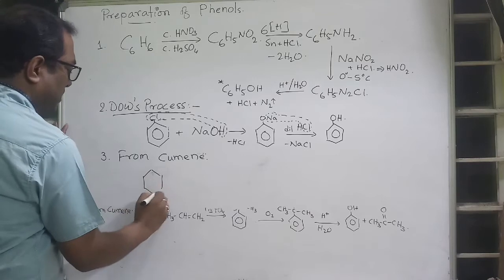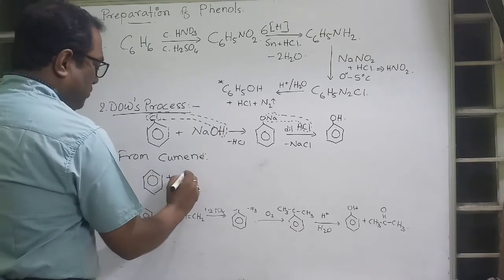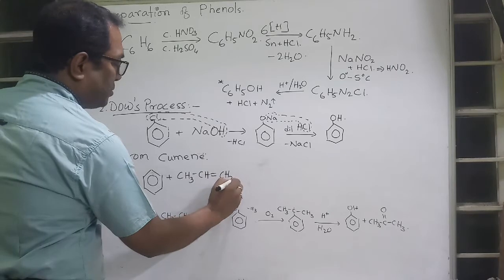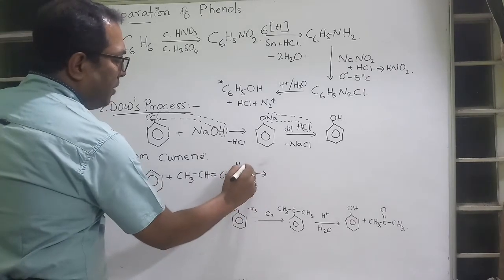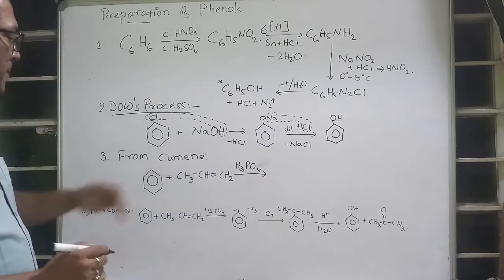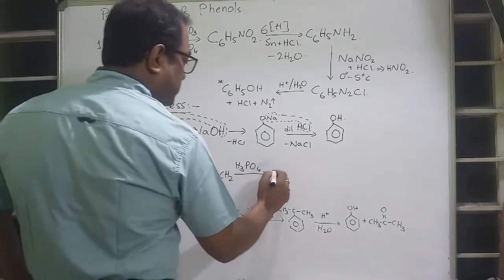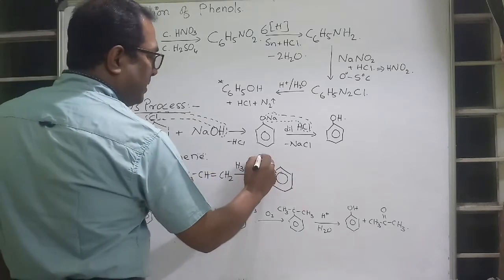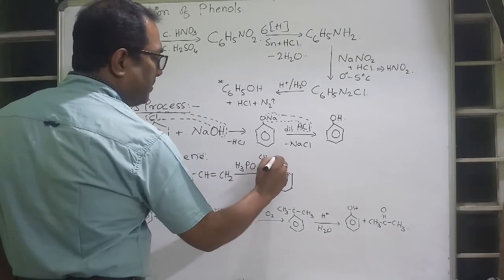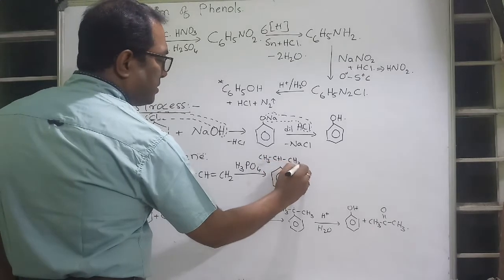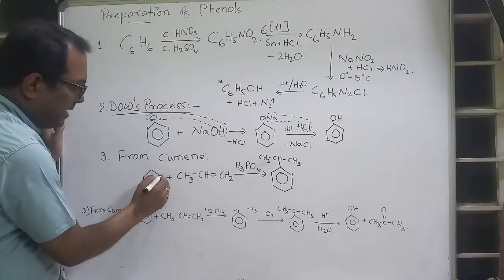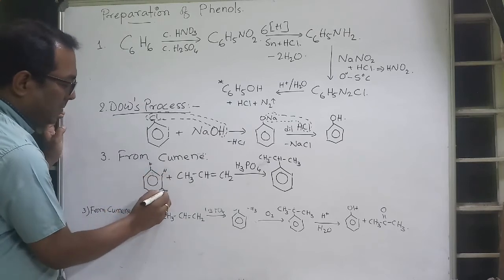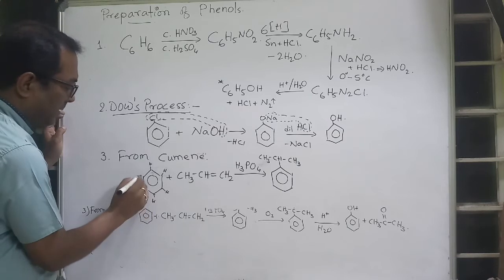When we have benzene together with propene, CH3CH=CH2, and we pass it through phosphoric acid, H3PO4, the benzene ring gets attached to the propene.